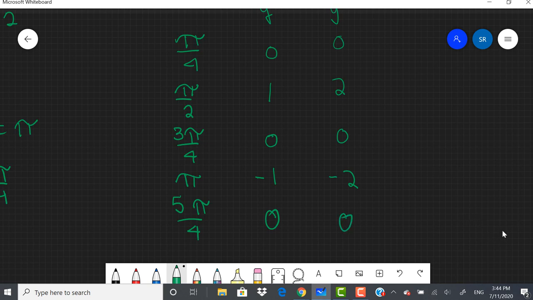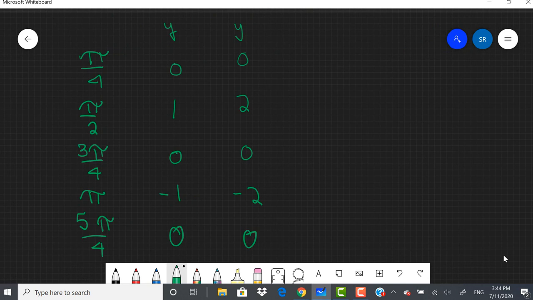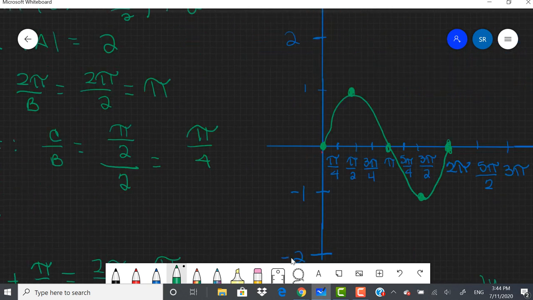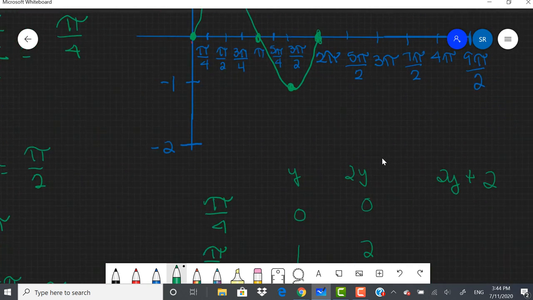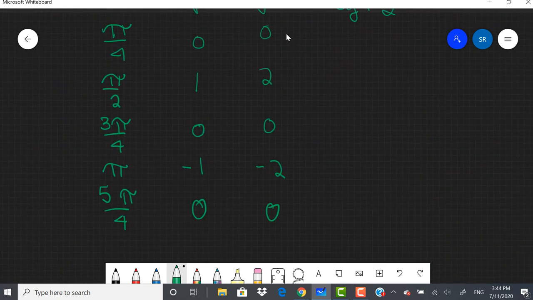And then the very last thing that I needed to do was, I believe we wanted to add 2, our D up here, if we go back up here. That was our D. So we need to add 2 here to all of these values. So 0 plus 2 is 2, 2 plus 2 is 4, 2, 0 here, and 2 here.